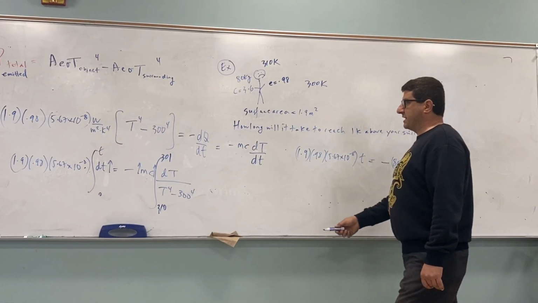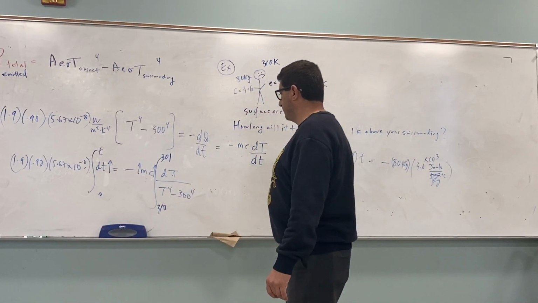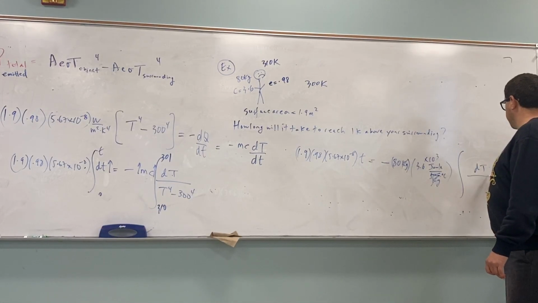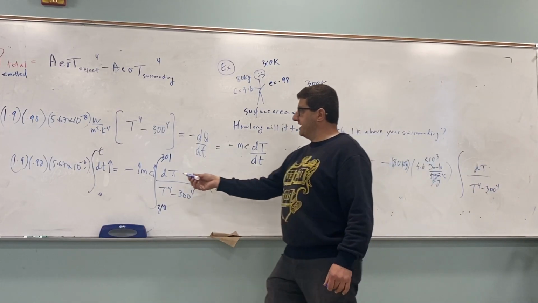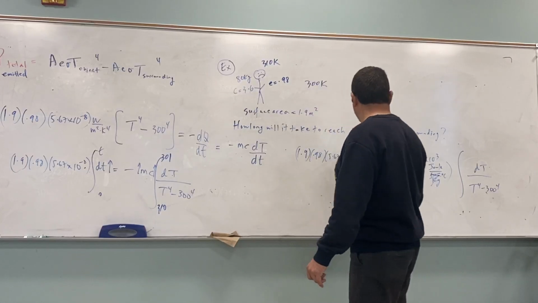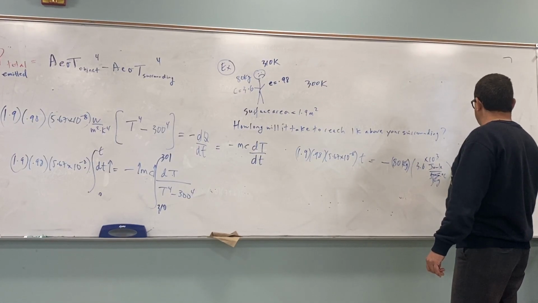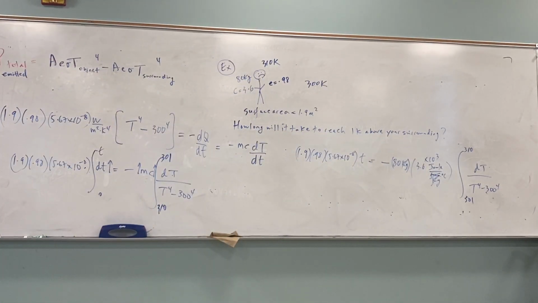Then times this, temperature over this, so the negative 2.09 times 10 to the negative 8. What can happen is this negative can switch the order of the integral so that you have 301 to 310. Okay, so now you're going to use the integral option on your calculator.